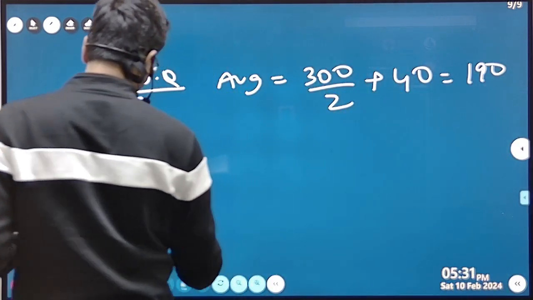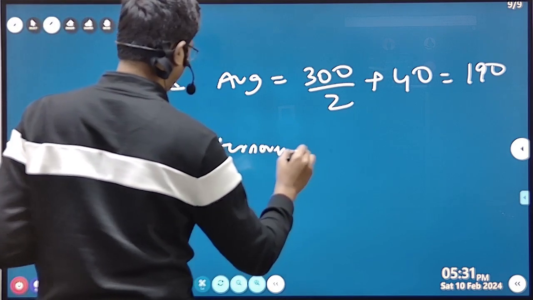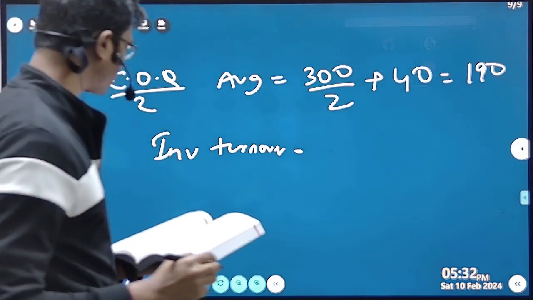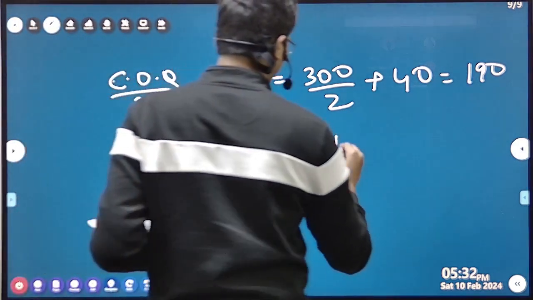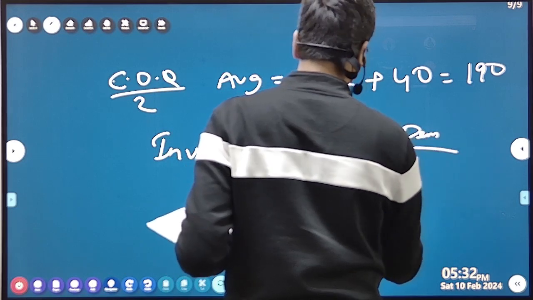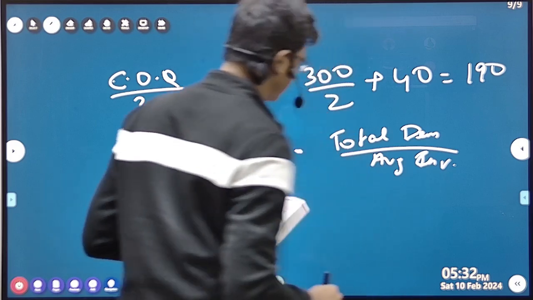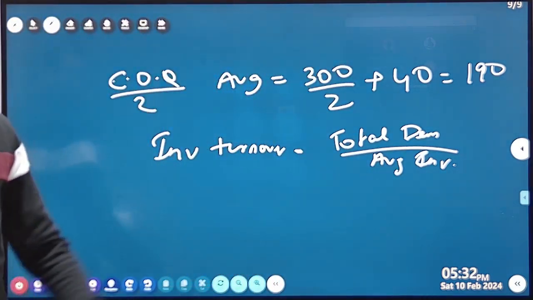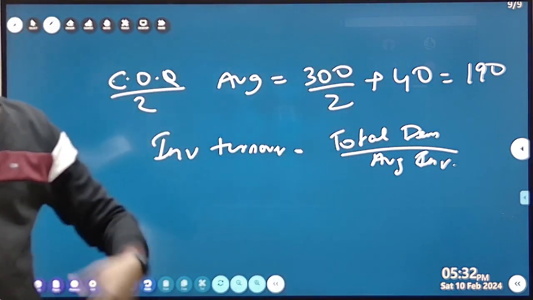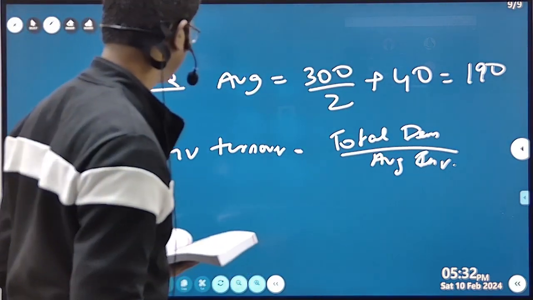And inventory turnover is nothing but your total demand by your average inventory. That much inventory comes and goes, so how many times that happens is your inventory turnover.